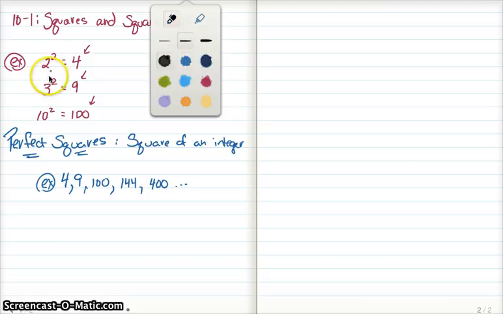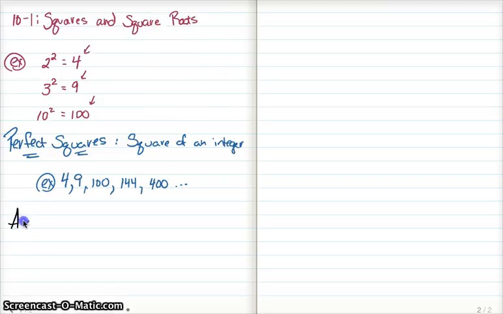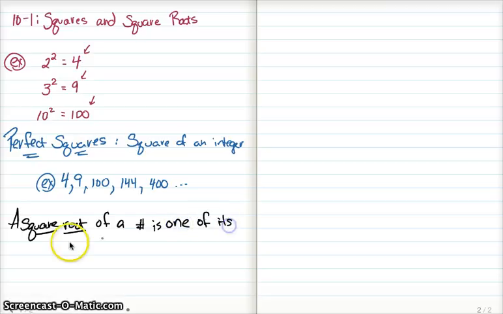To undo a square, we take a square root. So I can say 2 squared is 4, or I can say the square root of 4 is 2. So a square root of a number is one of its 2 equal factors.